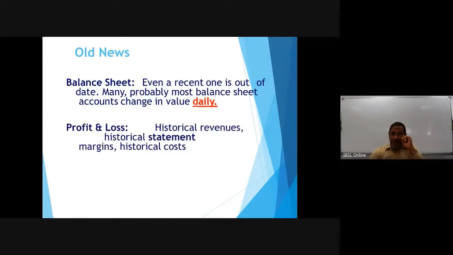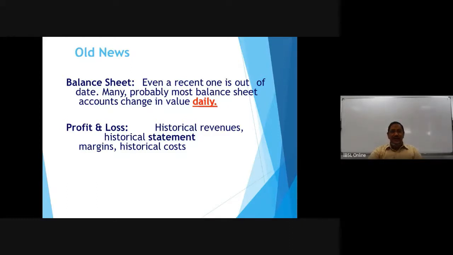The profit and loss is historical: historical revenues, historical statement, margin, historical cost. What has happened in the past? It's historical. What's the guarantee the same will be incurred this year? For example, take the expenditures in the profit and loss account.